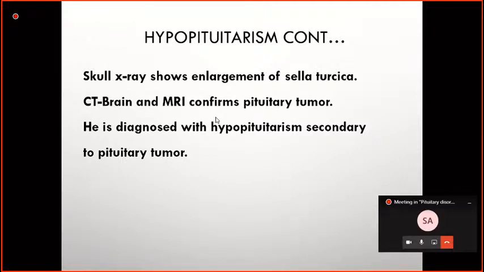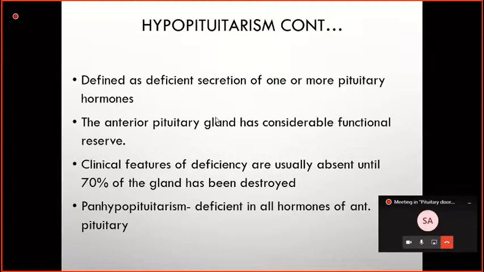So this patient is diagnosed with hypopituitarism. Clinical features of deficiency are usually absent until 70% of the gland has been destroyed.